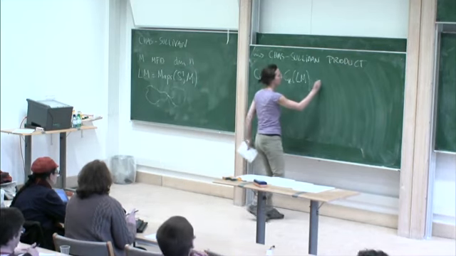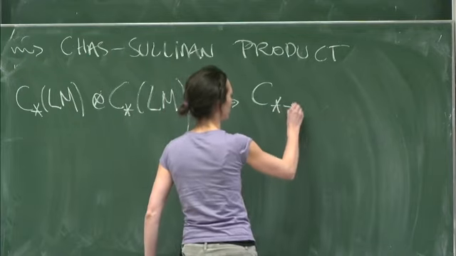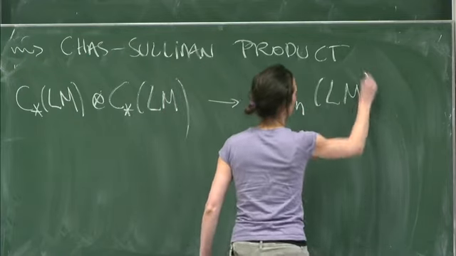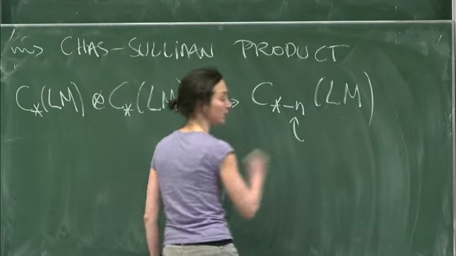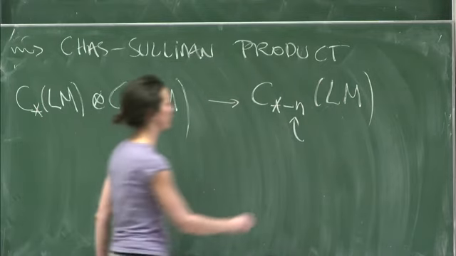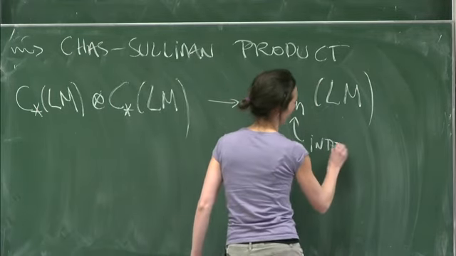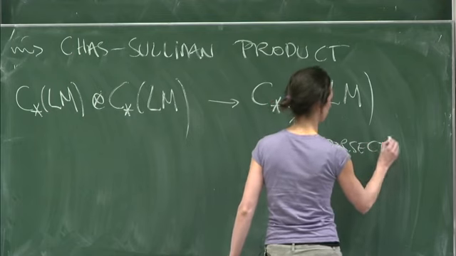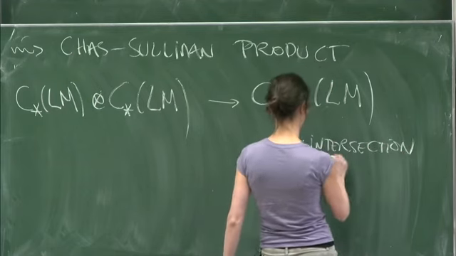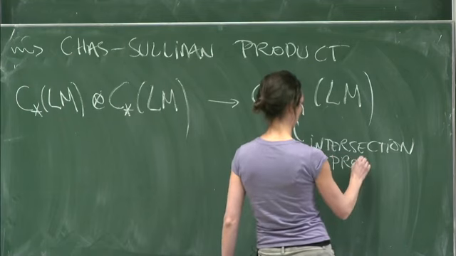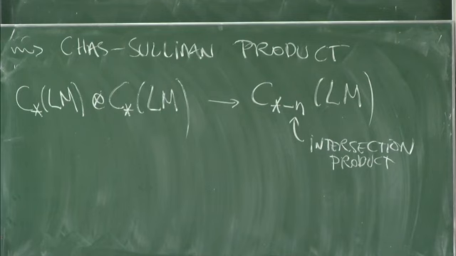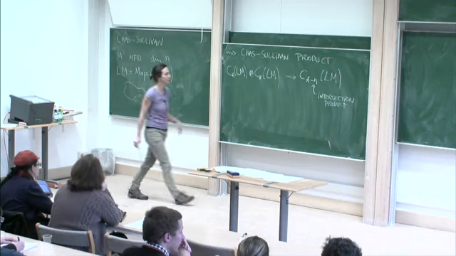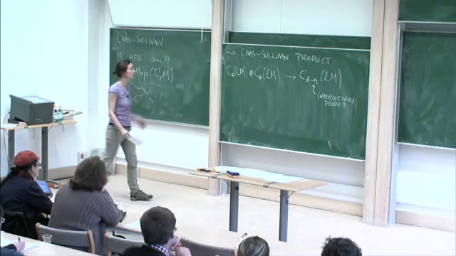What happens is that you land in C star minus n of the loop space, where you have lost the dimension of your manifold in dimension because you have done an intersection. This is because of the intersection product. So you do an intersection of the base points and then you do a concatenation.